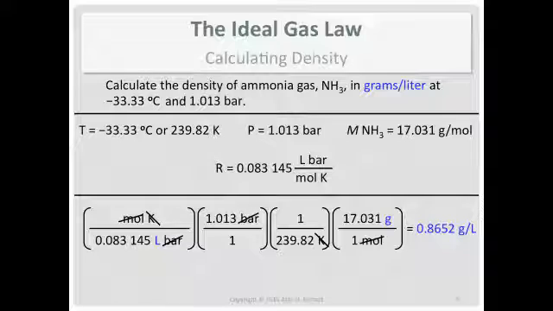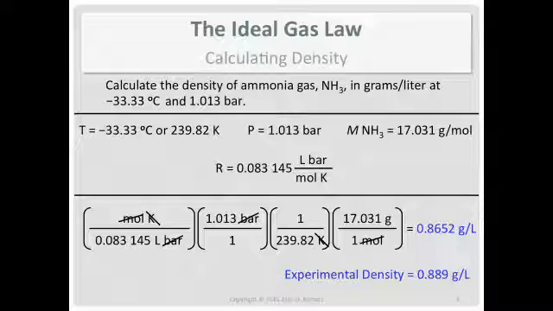Now, how does this compare to the actual density of ammonia? Well, the experimental density under these conditions is 0.889. So the calculated value is about 2.2% too low.